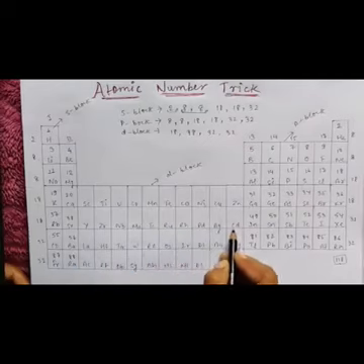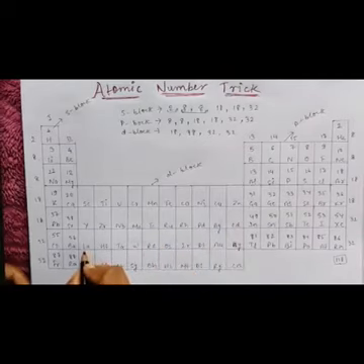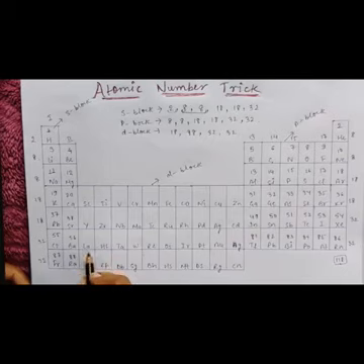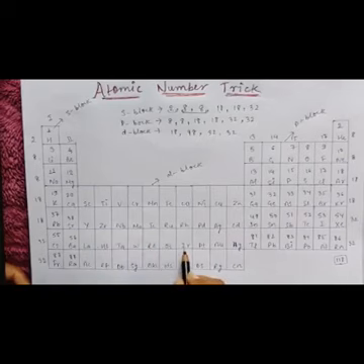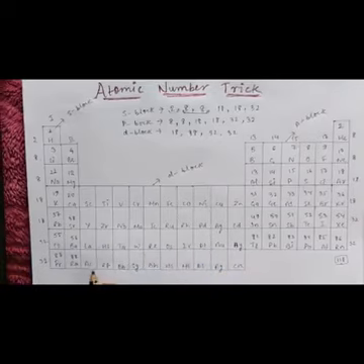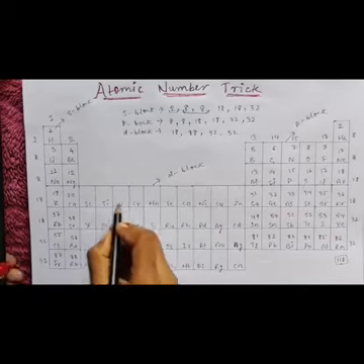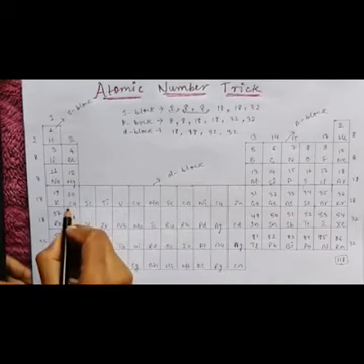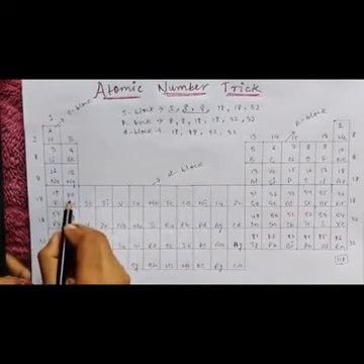For example, 3d1 is also a d block, 3d2 is also a d block, 3d10 is also a d block. If the d orbital has either 1 electron or 2 electrons, any number up to 10, that is a d block element.